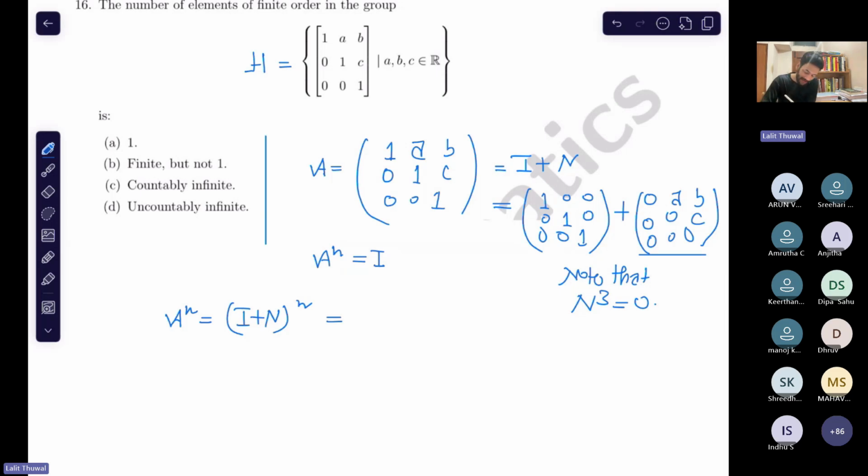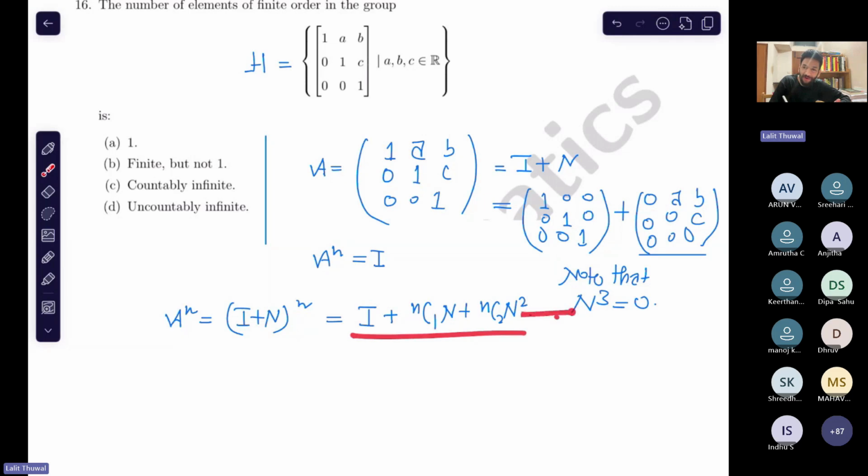So if you expand it by the binomial theorem, why can we apply the binomial theorem here? Because both are commutative. Yes, that's why. So I have written just this: NC3, n cube is 0, so n to the power 4 is 0.